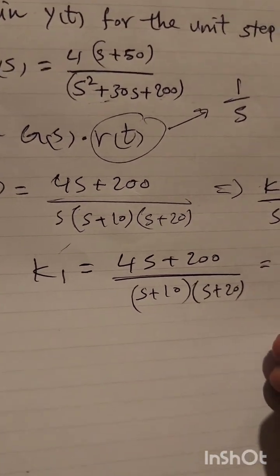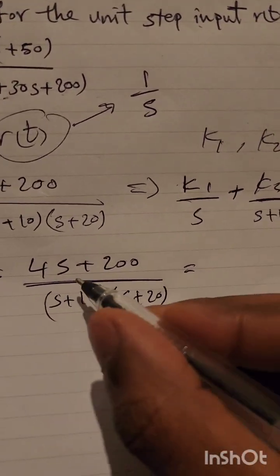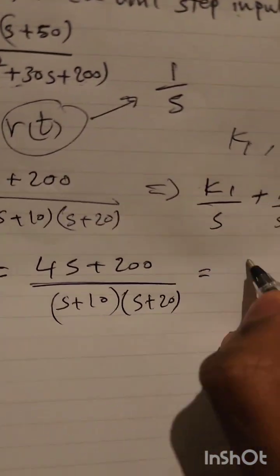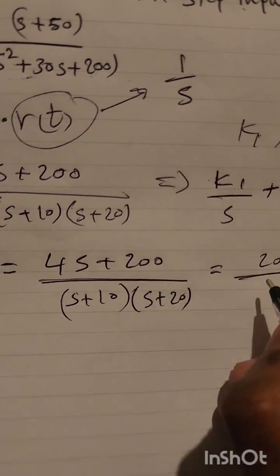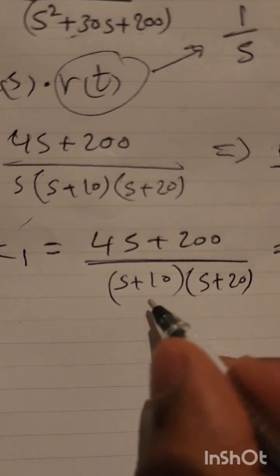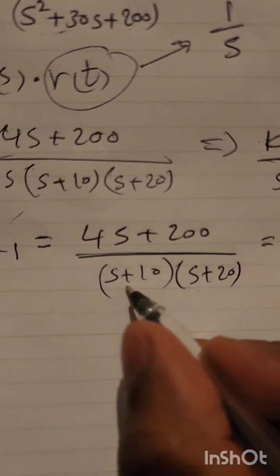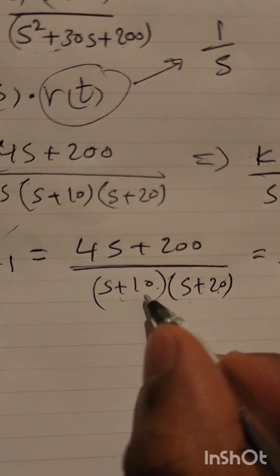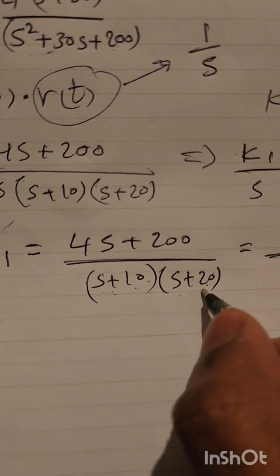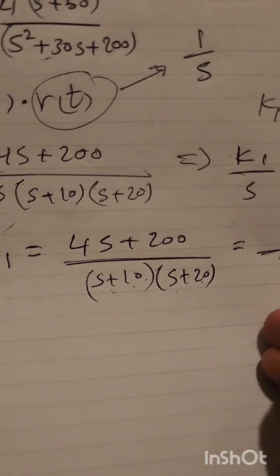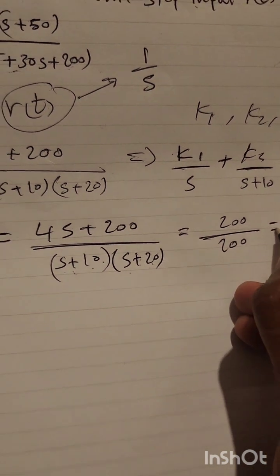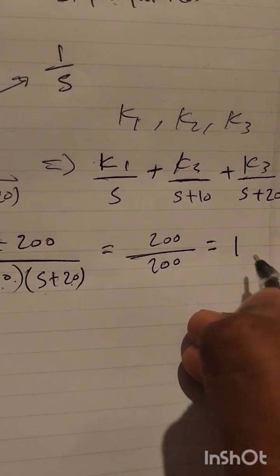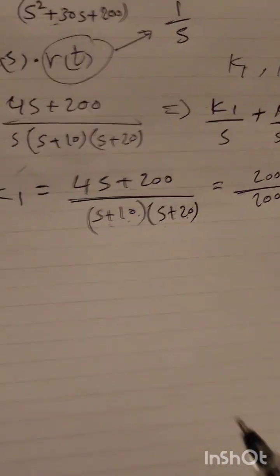So 4 multiplied by 0 is 0, and also 200, so we have 200 here. In the denominator we have 10 multiplied by 20, so it's also 200, and it becomes 1, so k1 is 1.